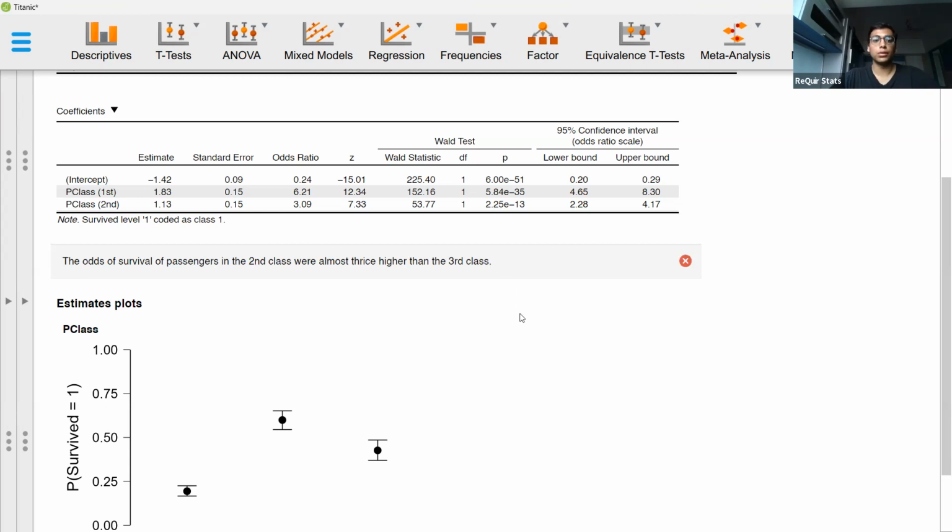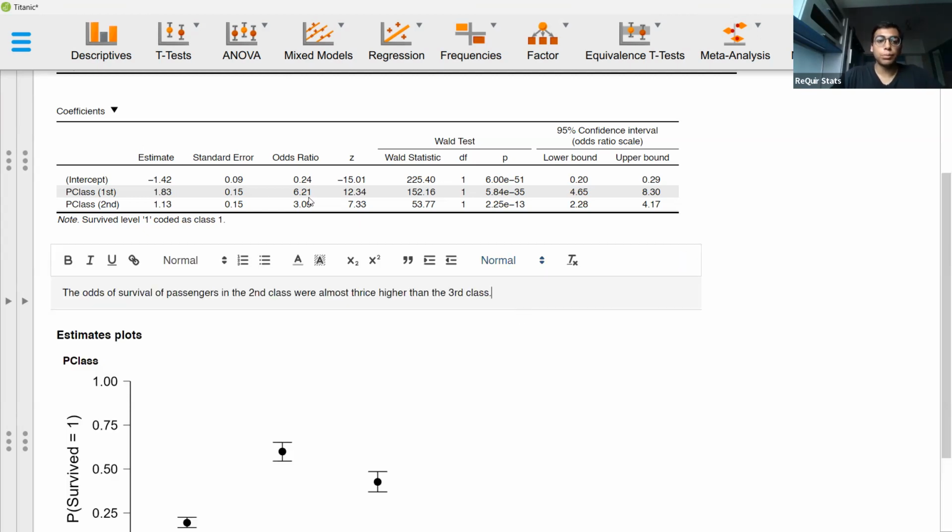And we can also put this into a percentage value. So 3.09 minus the null value of 1, that is 2.09, right?